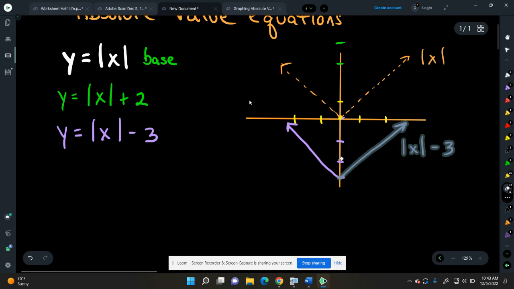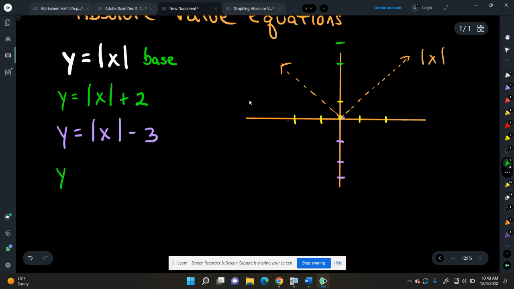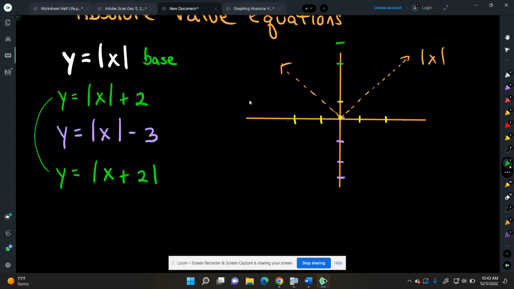So if we add a number after the absolute value, it shifts it up. If we subtract a number, it shifts it down. Now, what if I do something like this? These are different. The first green one, we're shifting it up. So here's the thing.